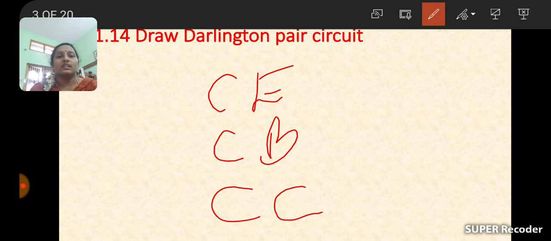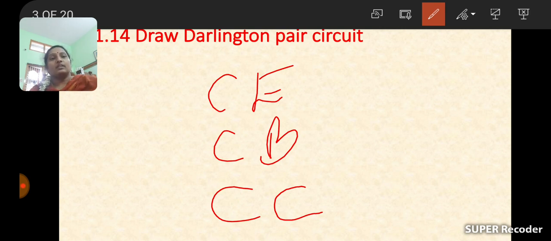If the base terminal is common between the input and output, that configuration is called common base configuration. If the collector terminal is common between the input and output, that configuration is called common collector configuration. So finally, based on the configuration, amplifiers are classified into three types: common emitter, common base, common collector.